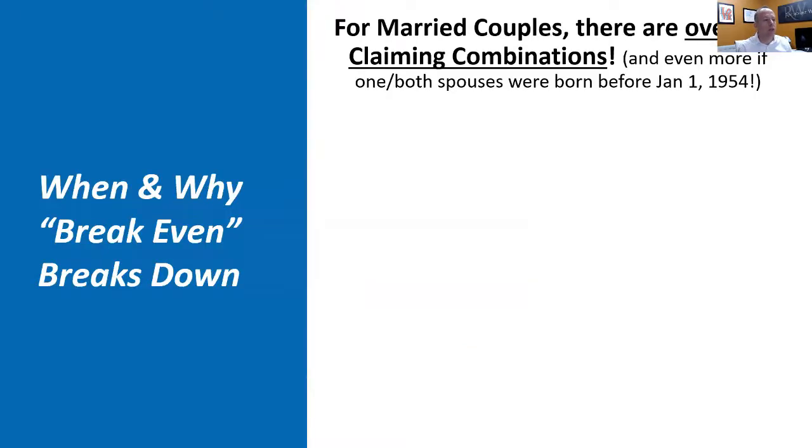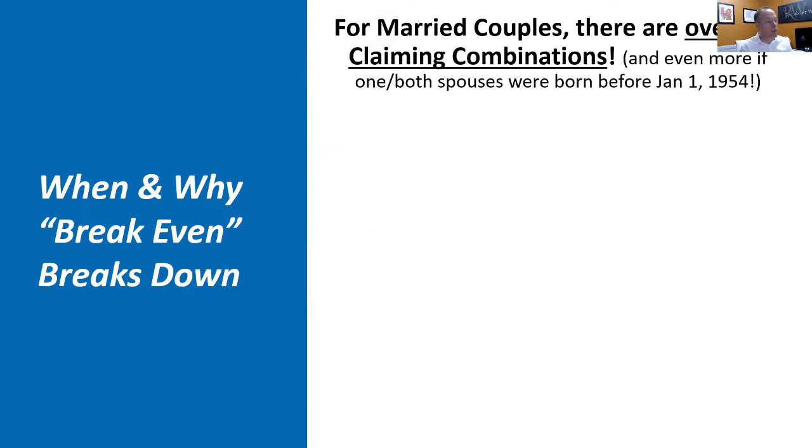So for married couples, this is when and why break-even breaks down. The normal break-even analysis that we just showed isn't that simple for married couples, because there are over 240 claiming combinations when it comes to electing Social Security benefits.